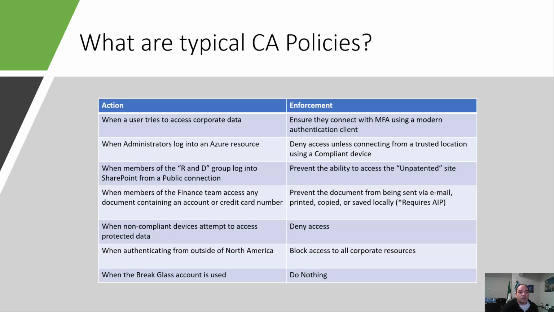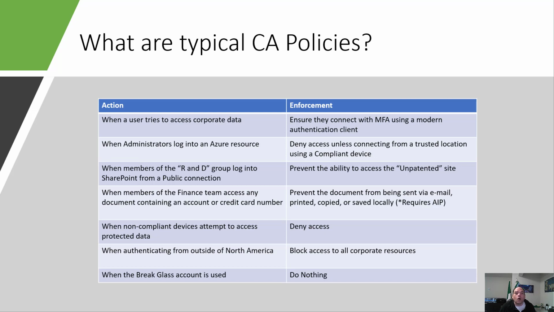Okay, so some typical conditional access policies are here, and these are really, really cool. Now, what I found with implementing Intune over the last few years is a lot of organizations that have already had some sort of Azure adoption and have workloads already in the cloud.